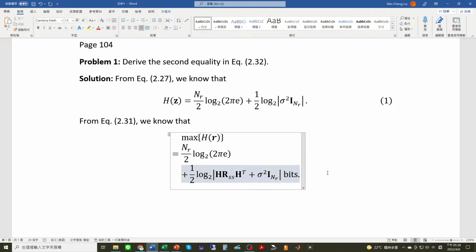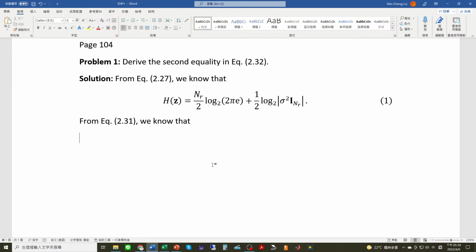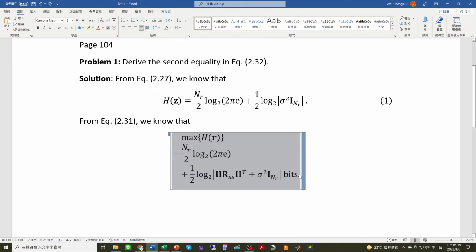Okay, we know that the maximum of HR. Let me combine this into one line. So this is equation 2.